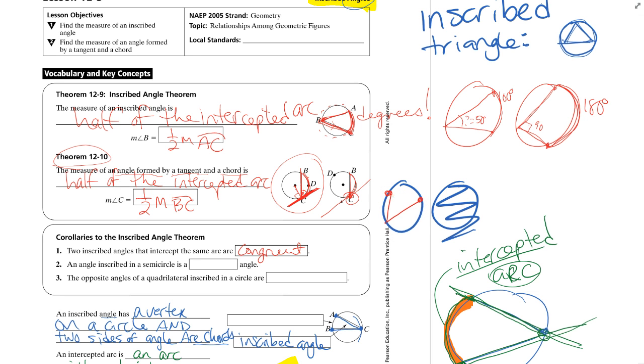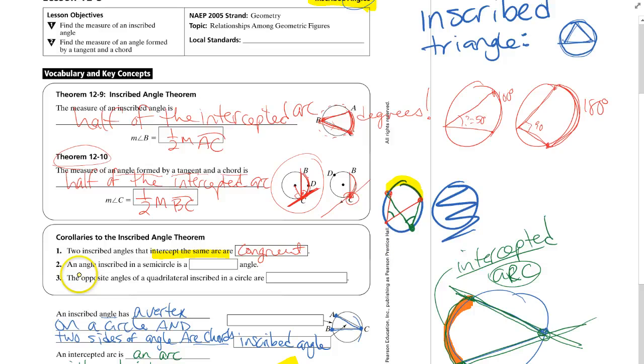But then I can come along and get another point, and put them with the same endpoints. So I've got this angle, and I've got this angle. But guess what? They're intercepting the same arc, and so these two angles have to be congruent. You'll see this right away with the practice, with the homework.